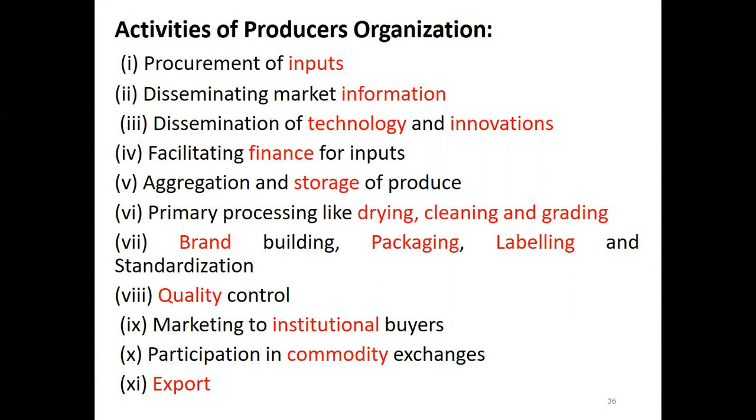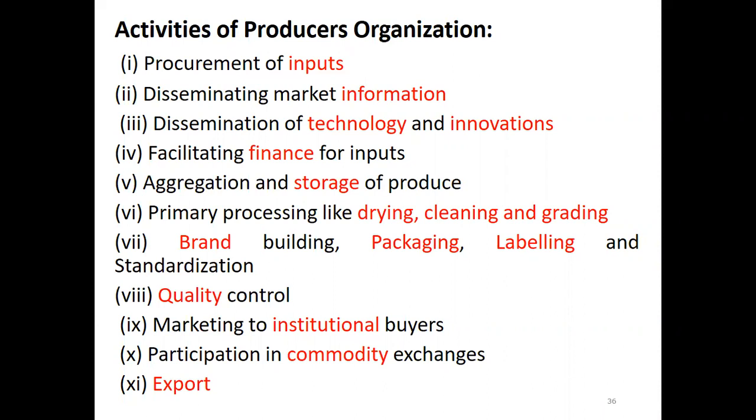So these are the various activities which we can run through the farmers producer organizations. I can save my cost, I can get the latest technology, I can get the latest information from the market. I can get a guarantor for my finance. I can get the storage opportunities.